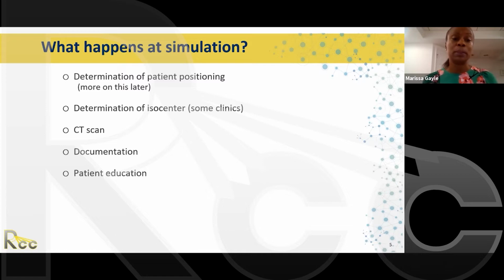Is it going to be a 2D plan, 3D plan, IMRT, VMAT, SBRT, SRS, whatever it is, so we know exactly what immobilization device we need to use. And then we need setup pictures so that we can tell the other therapists exactly what we did: pictures of what we use, where the isocenter is, and the patient's positioning. Documentation is key. And then we need to educate the patient.